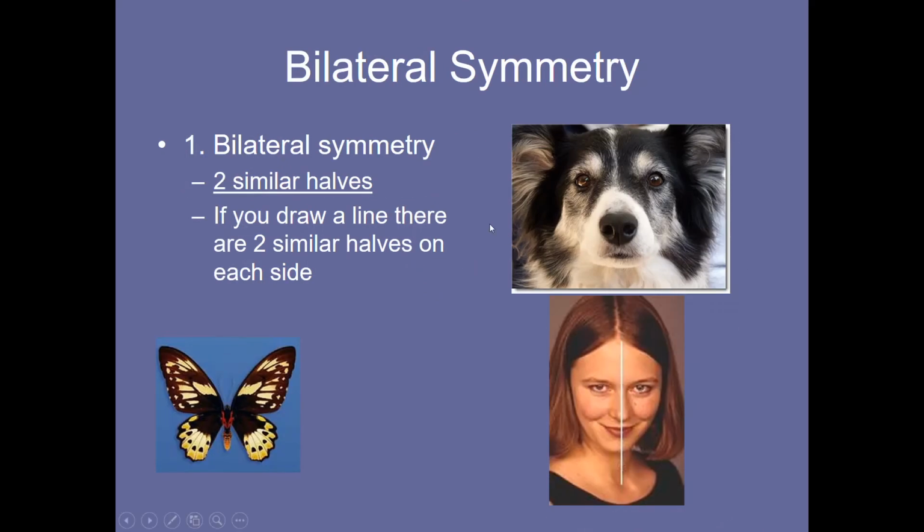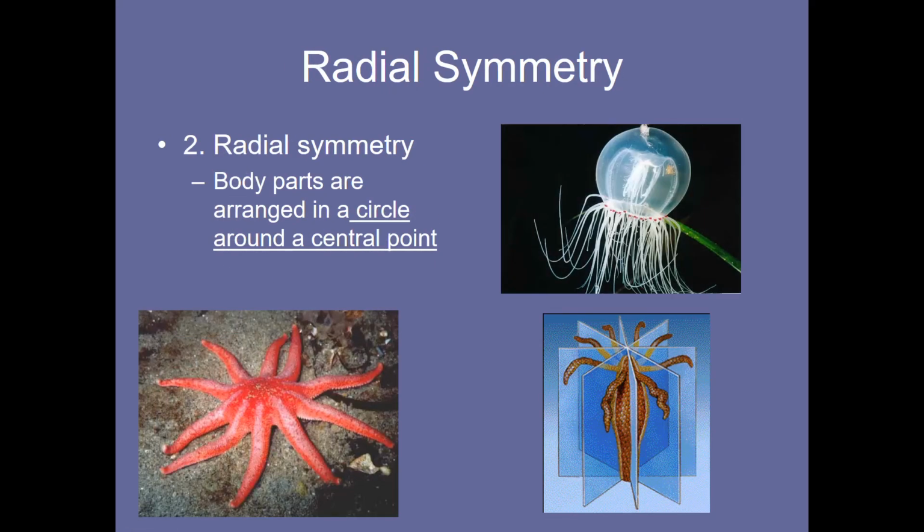First you have bilateral symmetry, where you can directly cut something in half. You are bilaterally symmetrical. Your dog is bilaterally symmetrical. A butterfly is bilaterally symmetrical. Then you have radial symmetry, where it's arranged around a central point, like a jellyfish or a starfish.